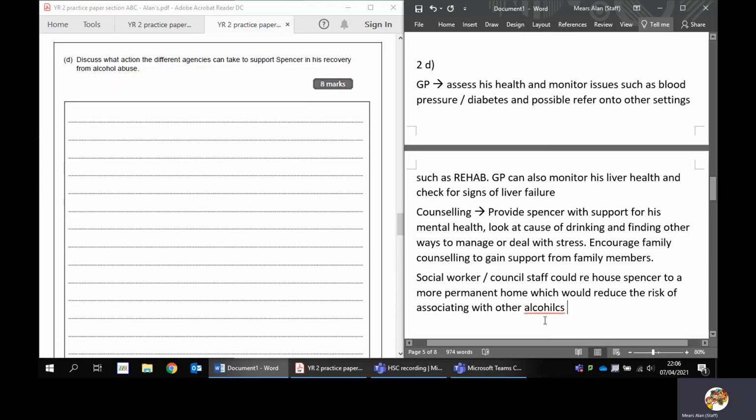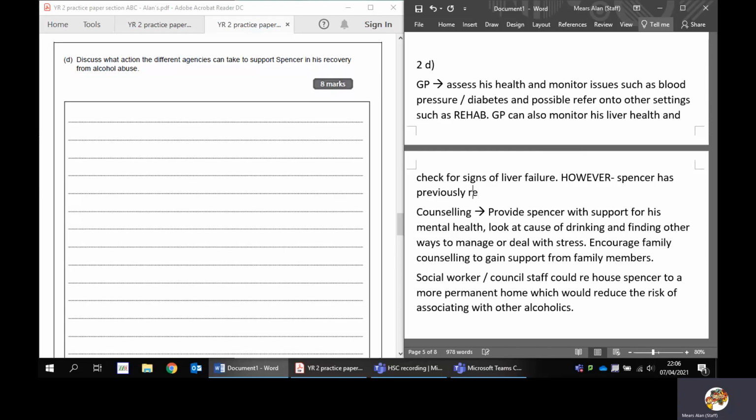So again, maybe putting him in a more temporary, more suitable home, that would be beneficial. Now again, we kind of think about the pros and cons here. So one thing we do know about Spencer, however, Spencer has previously rejected medical support, not work.